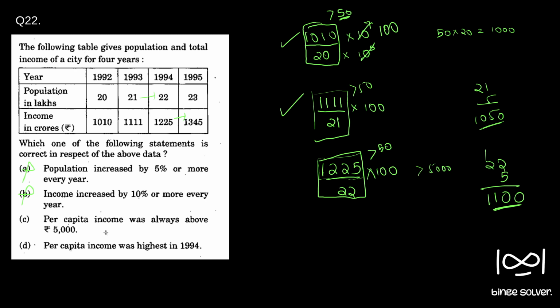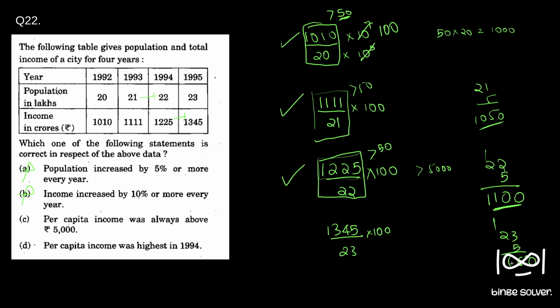Okay, so that is also satisfied. Next we will check 1345 by 23 into 100. So 23 into 50 is 1150.